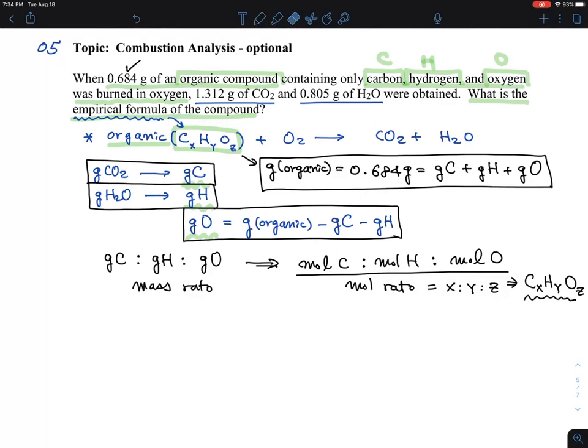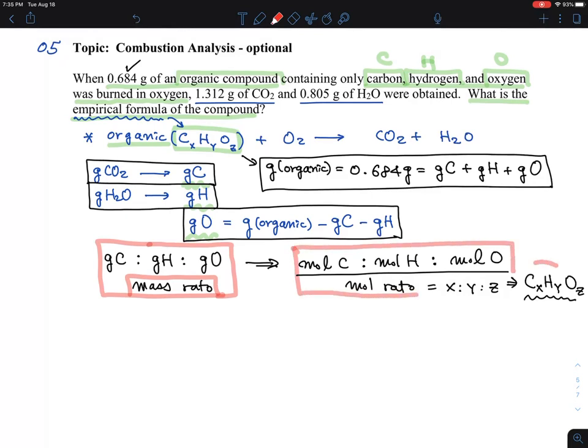So this is our guiding map here. Say, okay, I need to focus on the mass ratio, and all I gotta do is convert that into mole ratio to finally calculate the quantity that I want.